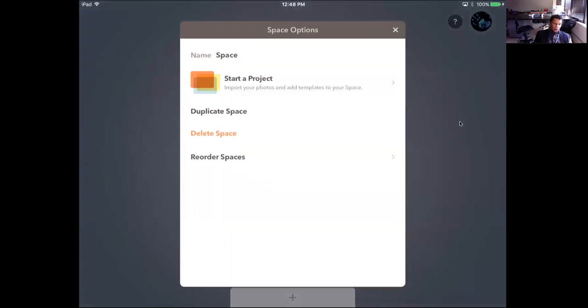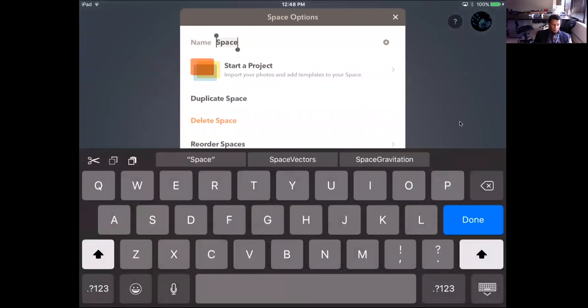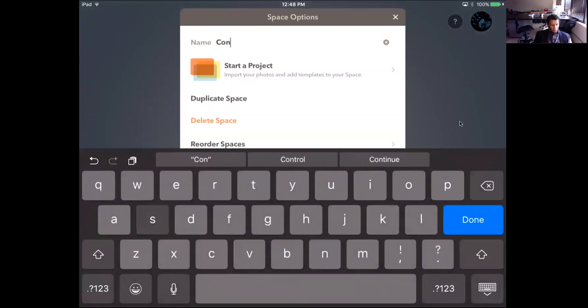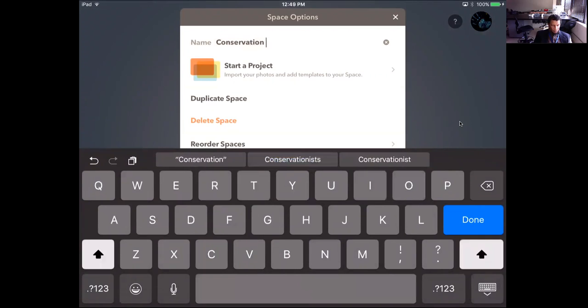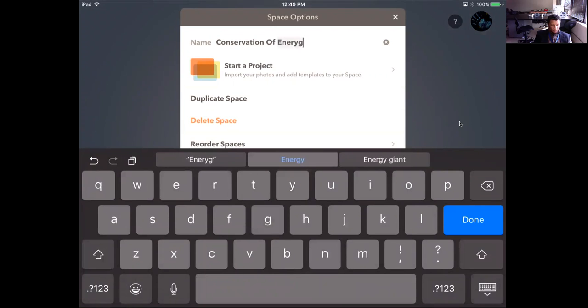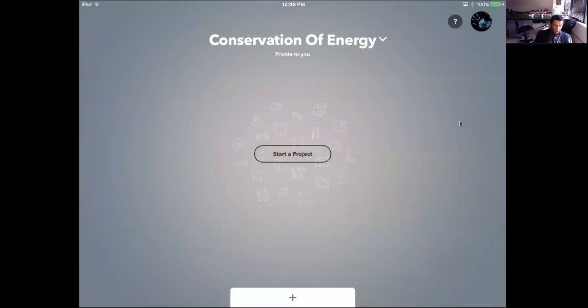I'll just make this the conservation of energy. I'll just call that this. Conservation of energy.